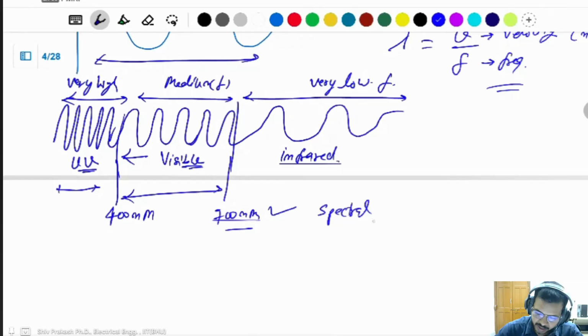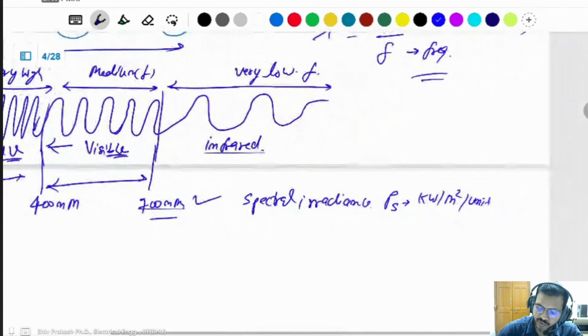Light spectral irradiance is known as the PS. It is measured in kilowatt per meter square per unit wavelength.